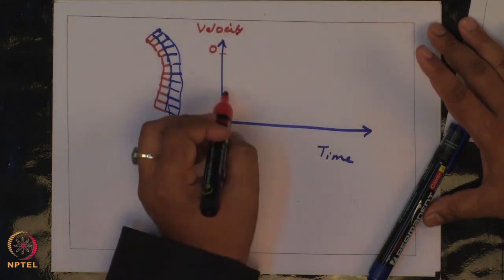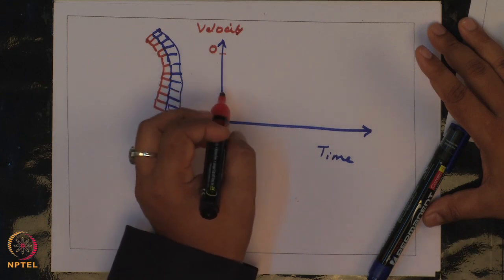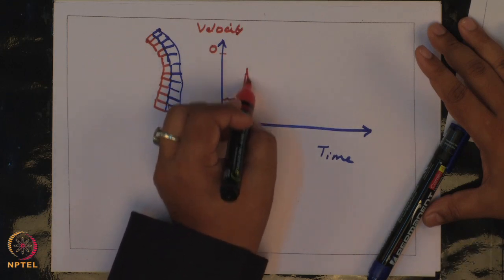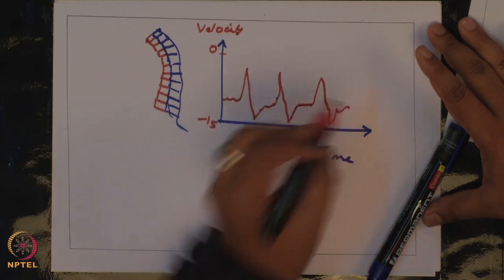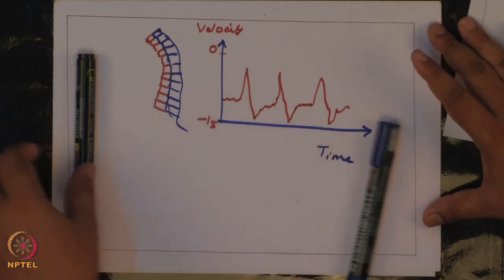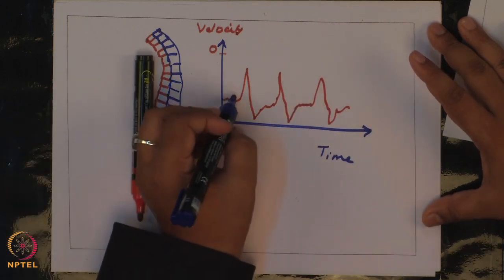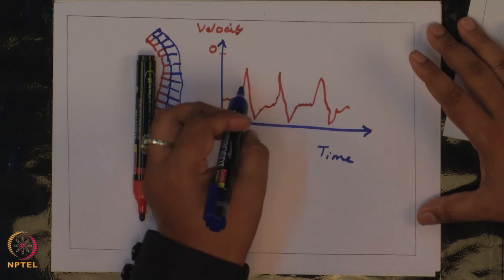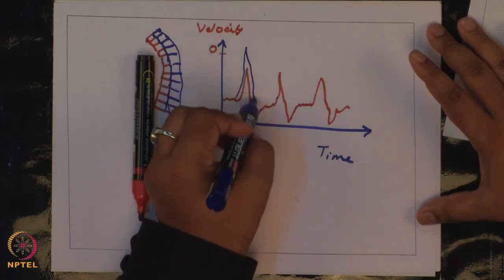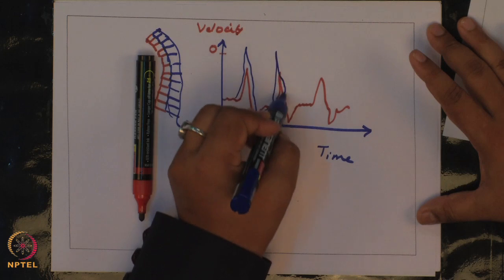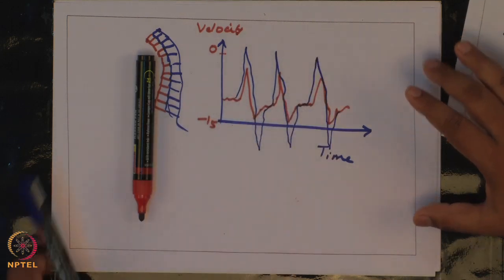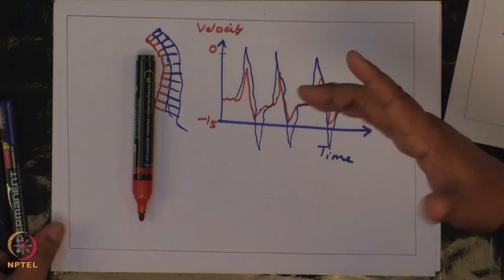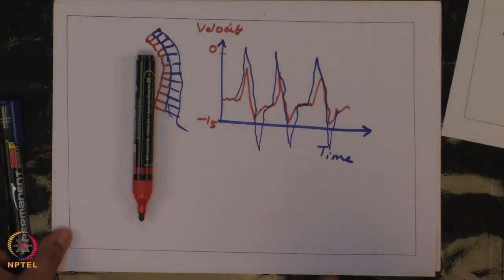So, every time you have the flow at the leading edge, sorry, I drew this wrong. The flow in the lamellipodia, the way I have drawn it, seems to be exactly in sync with the flow at the lamella.